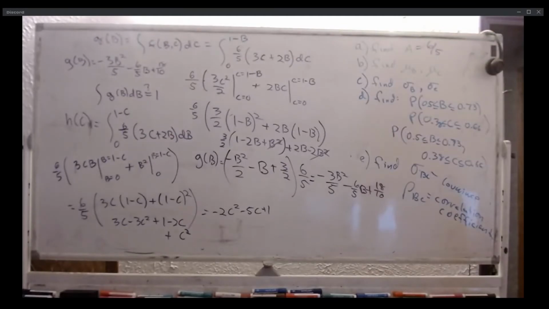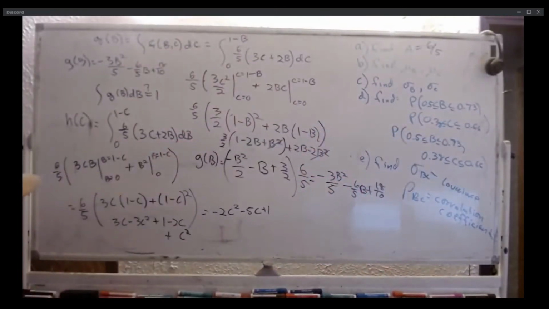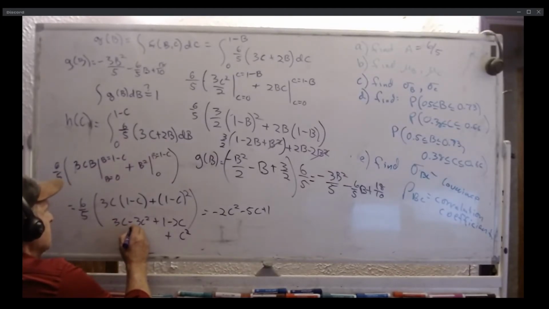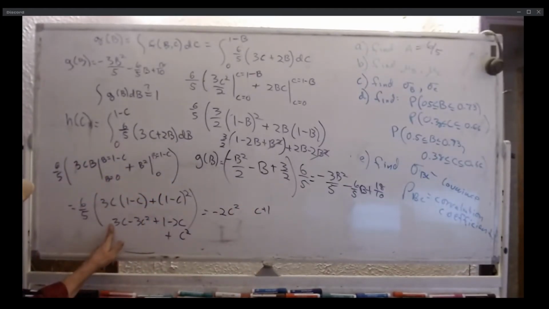I have a question about this. Go ahead. So for the last step, before you gave the final answer, you have written 3C minus 3C squared plus 1 minus 2C plus C squared. But when you give your answer, you have a minus 5C, but that's a positive 3C. So I was just wondering how that worked. Because wouldn't that make just a singular C? Oh crap! Yes, coefficients here.